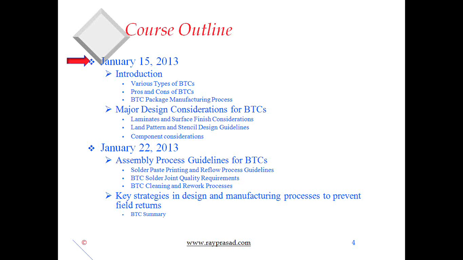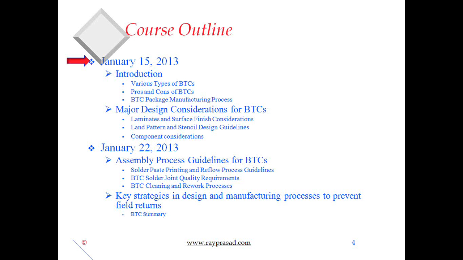So in any event, what we'll do today is talk about introduction of BTC. There are various types of them, and just briefly discuss how the BTC package is made. Understanding of that is kind of important so that you know what kind of issues you can expect and what kind of problems the package itself causes.